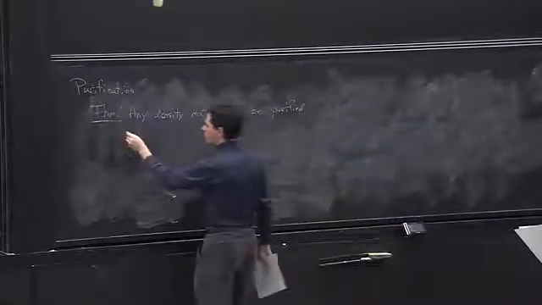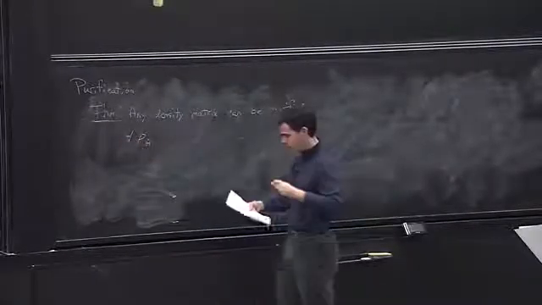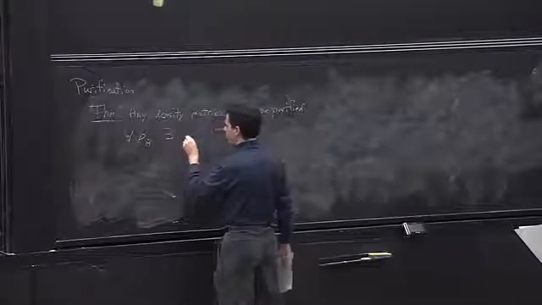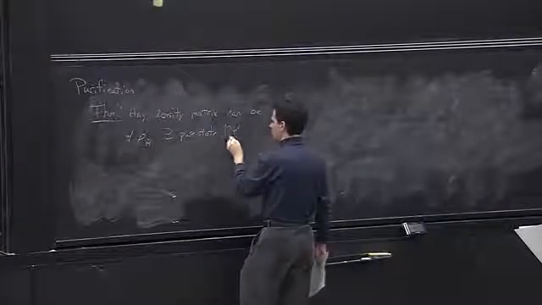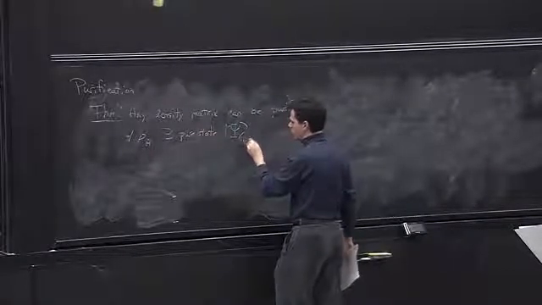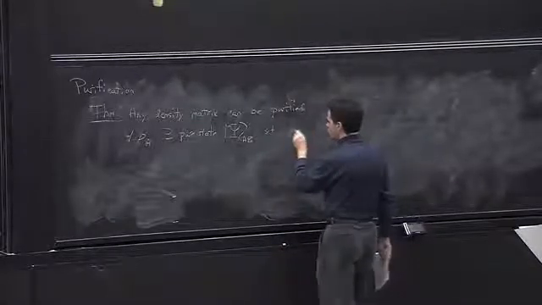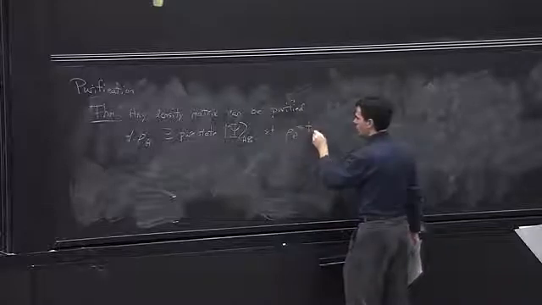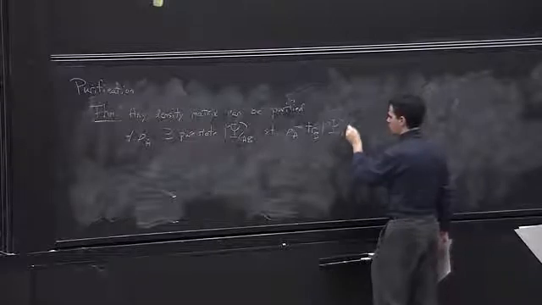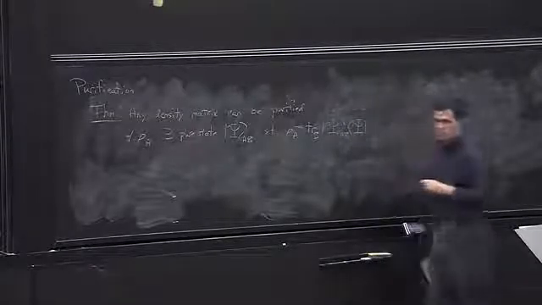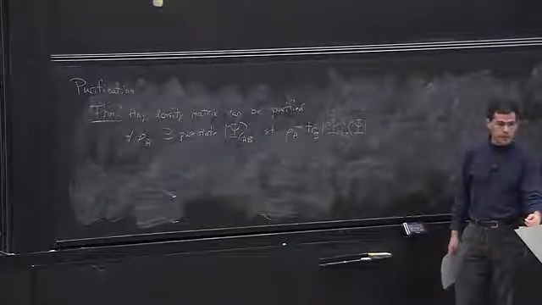Well, that means that for any density matrix rho acting on the Hilbert space A, there exists a pure state psi acting on joint Hilbert space AB such that rho is equal to the trace over B of psi.